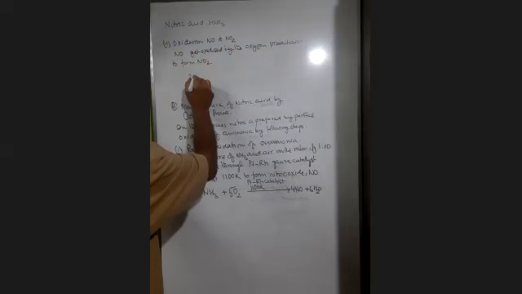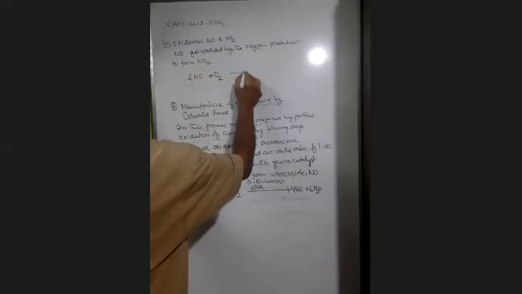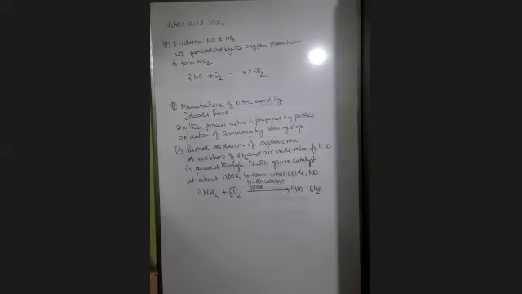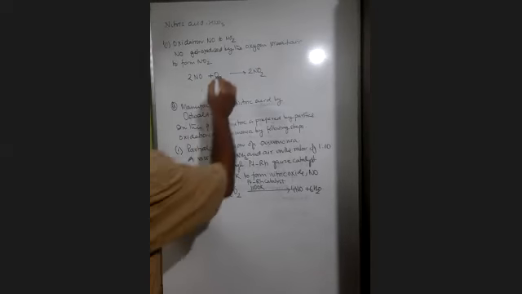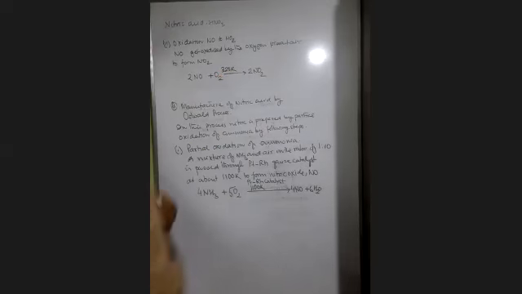So what is going to happen here? 2NO plus O2 forms 2NO2. Okay, here the temperature requirement is very less. It comes to almost 50 degrees Celsius, means what? 273 plus 50 will be 323. In your book, somehow it is missing, 323.